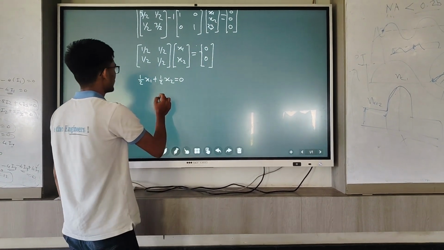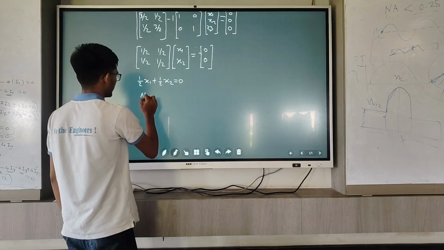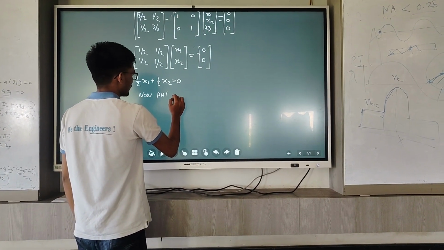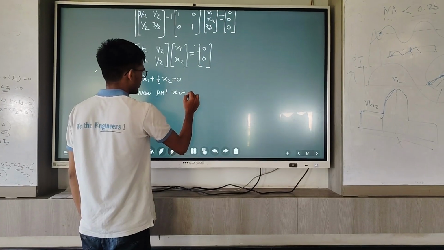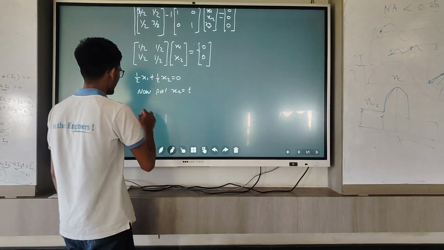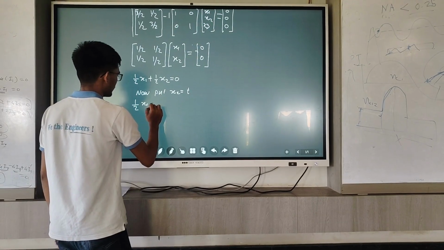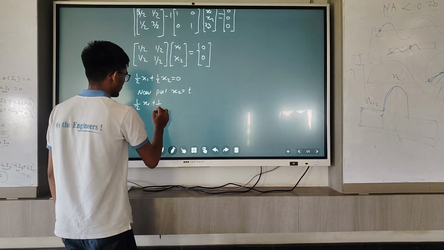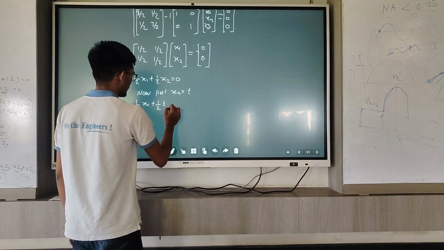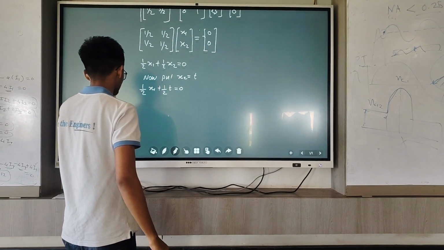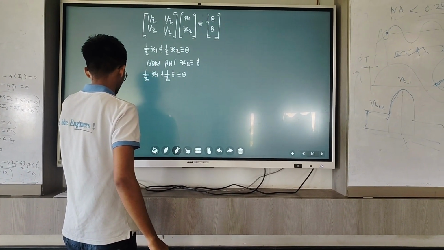Now we put x2 is equal to t. So 1 upon 2 x1 plus 1 upon 2 t is equal to 0.